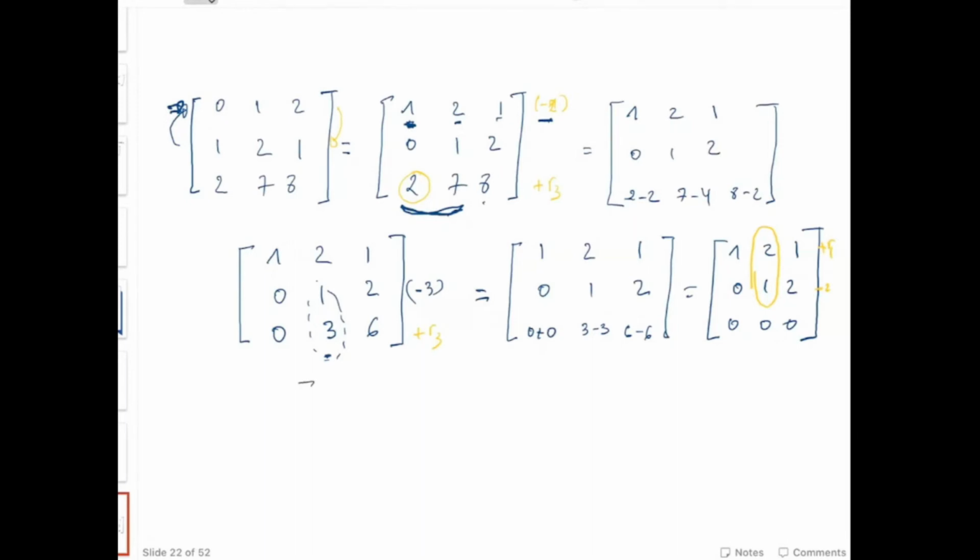What you will get is 0, 0, 0 kept the same, 0, 1, 2, but the first row will become 1 minus 0, 2 minus 2, and 1 minus 4. That gives us now 1, 0, -3, 0, 1, 2, 0, 0, 0, which is the reduced form. And the previous one is just the row echelon form.